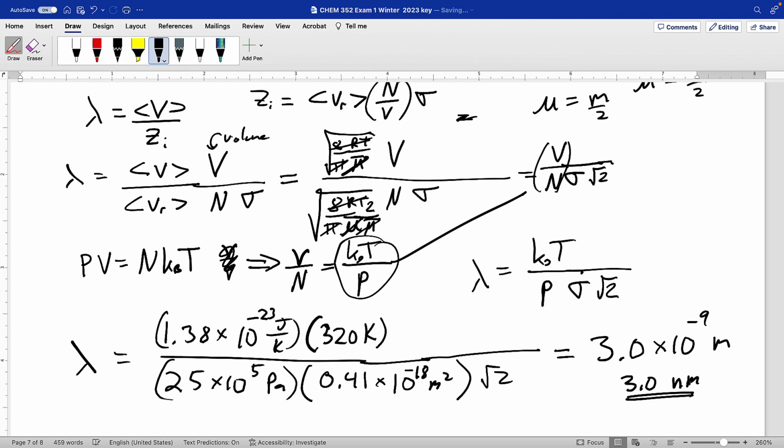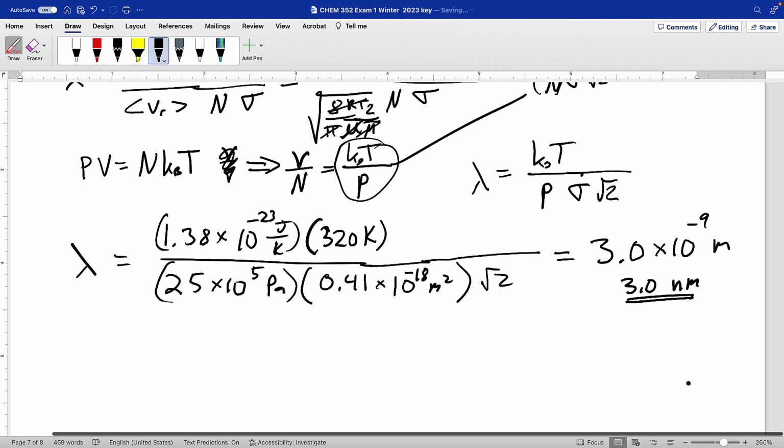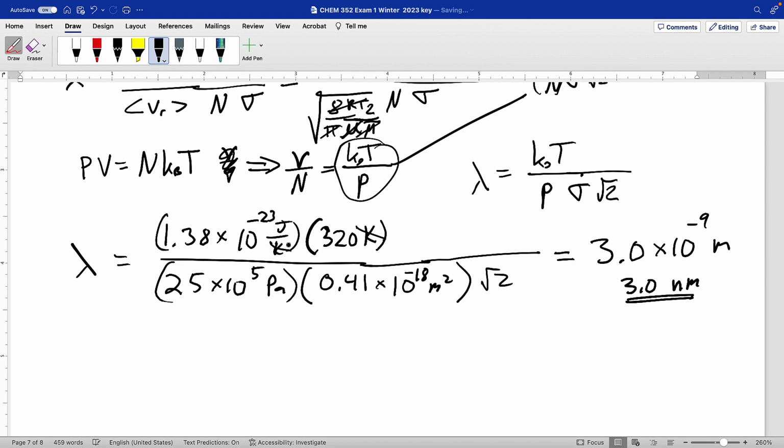Okay, let's check the units just to make sure. Kelvins cancel kelvins. So we have joules on top, and pascals and meters squared on the bottom, and that's it. There's a couple different ways we could go around checking these units.